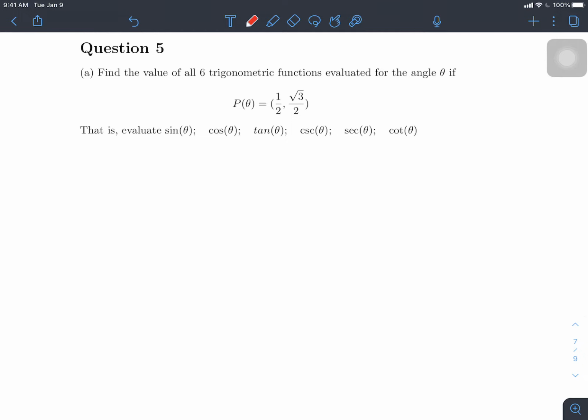Okay, question 5. We're supposed to find the value of all 6 trigonometric functions evaluated for the angle theta, and they don't tell us what theta is, but they tell us the values of the coordinates of the point on the unit circle which corresponds. So we have 1/2 and root 3 over 2 as our point on the unit circle.